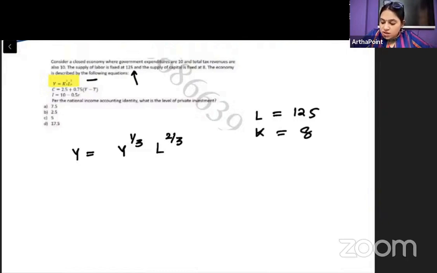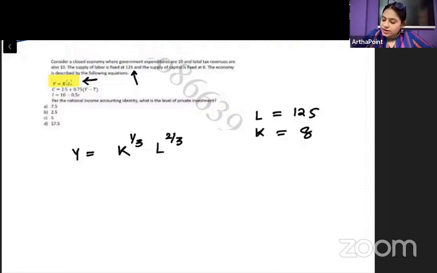So I am assuming that what is written here is this. This is K, sorry. K to the power 1 by 3, L to the power 2 by 3. But what you can do is just try to understand the mechanism as to how to solve it. And then you can follow it for any question that you get in the exam.